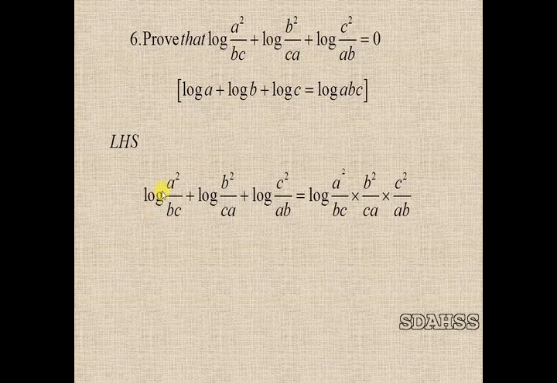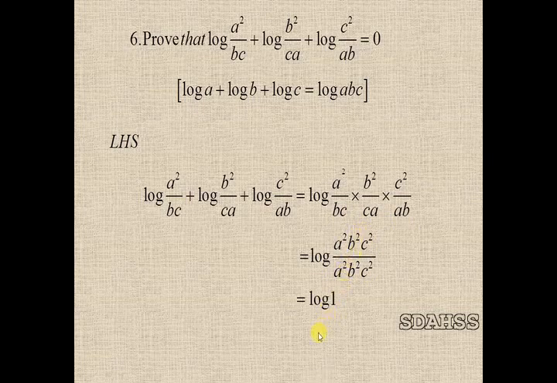The LHS is log of a square by bc plus log of b square by ca plus log of c square by ab, which is equal to log of a square by bc into b square by ca into c square by ab, which is equal to log of, multiply the numerator separately, so this becomes a square b square c square divided by, multiply the denominator separately. So a square b square c square, a square b square c square cancel. So you have log 1. Log 1 is 0, that is equal to RHS.